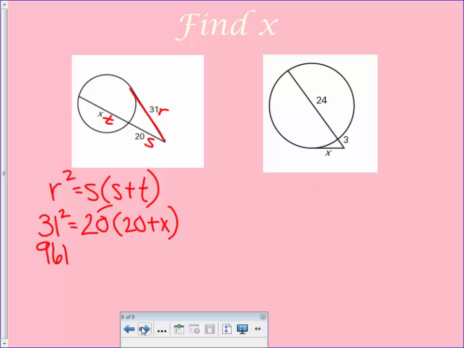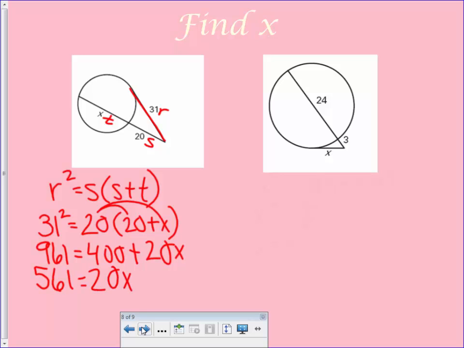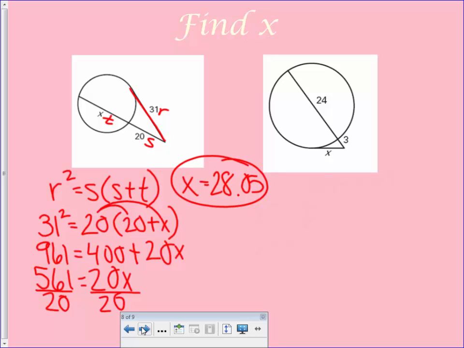And then you've got to distribute the 20 to both. So that equals 400 plus 20x. Subtract out the 400, you get 561 equals 20x. And don't get nervous because you start seeing right here that you're going to get a decimal. And that's okay because decimals are numbers too. So 28.05 will be part of that secant line.